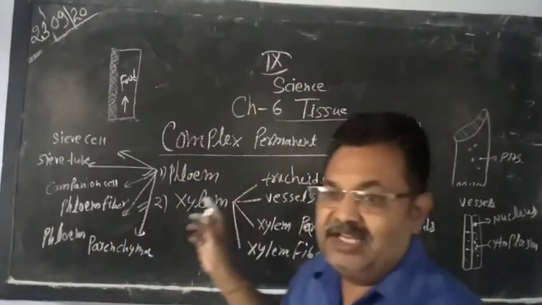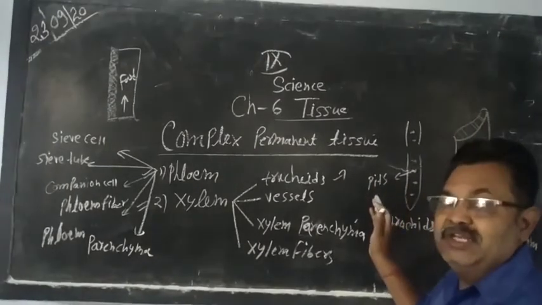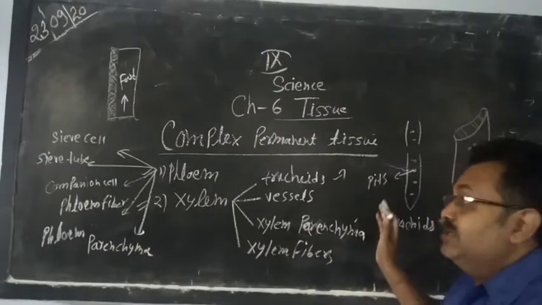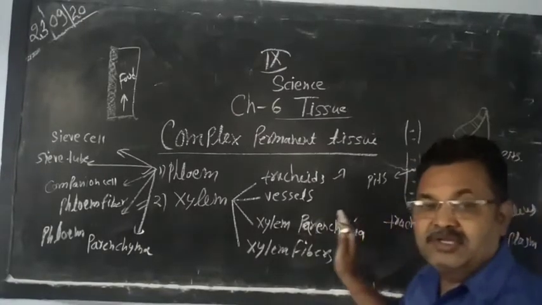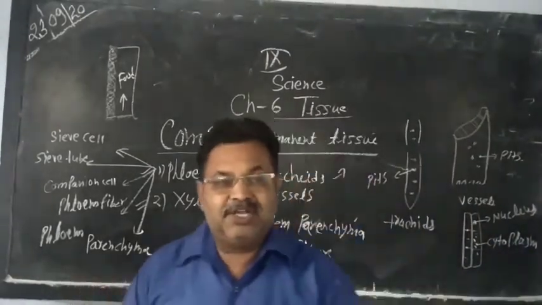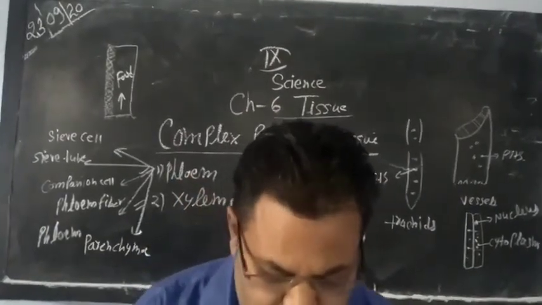So these are the examples of complex permanent tissues in plants. So here the plant tissue is complete.